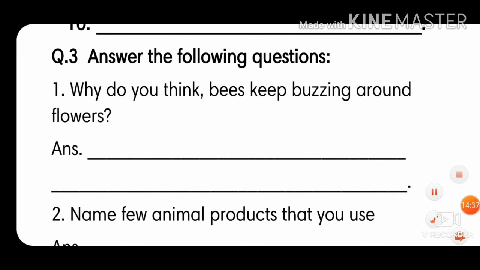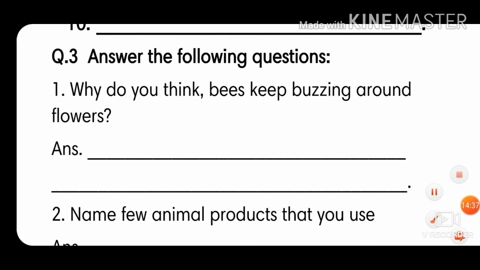Come on. Now go to the second one. Name few animal products that you use. Very easy answer. कौन कौन से एनिमल प्रोडक्ट्स हम यूज़ करते हैं? बहुत सारे. We use milk, we use egg, we use belt, bags. It's again animal product. Belts and bags we get from animals, so they are animal products. Then we use cheese, butter.